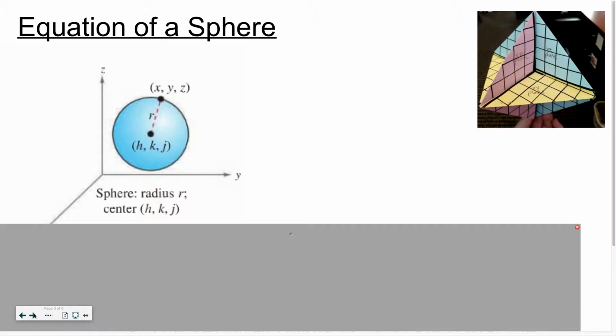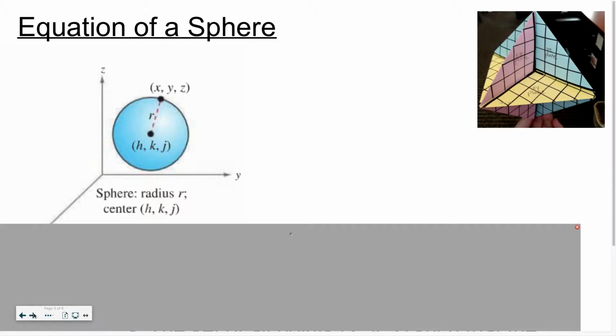The equation of a circle looks like the quantity x minus h squared plus the quantity y minus k squared equals r squared, where h and k represented what? The center point, okay? And r was our radius. So if you have the circle equation equal to 4, remember 4 isn't your radius, r squared is equal to 4, therefore r is 2. So you always have to square root that number on the outside.